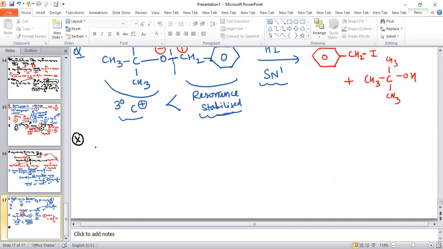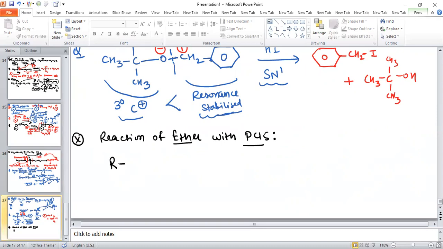So when there is a reaction of ether with PCl5, cleavage of bond will occur.